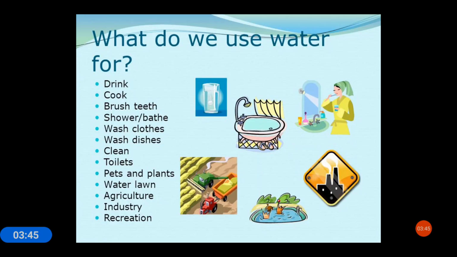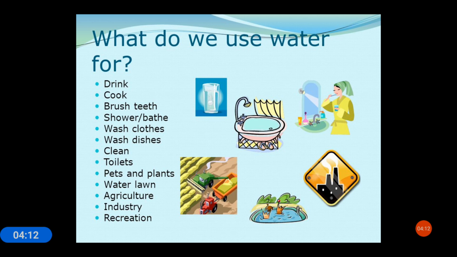Next, what do we use water for? We use water for various purposes. A few are to drink, cook, brush teeth, shower, or bathe, wash clothes, wash dishes, clean toilets, pets and plants, water the lawn, and for agriculture, industry and recreation.